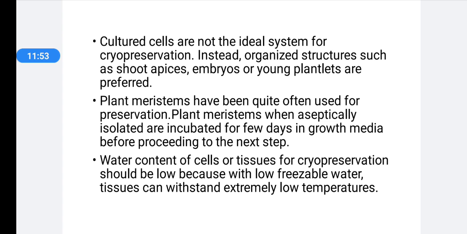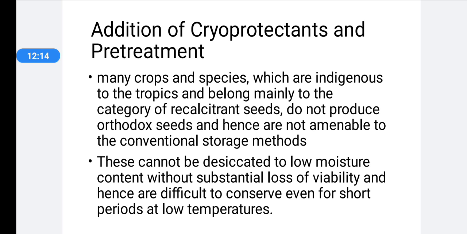Then the water content of cells or tissues for cryopreservation should be very low, because with low freezable water, tissues can withstand extremely low temperatures. So that is all about raising the sterile cultures.